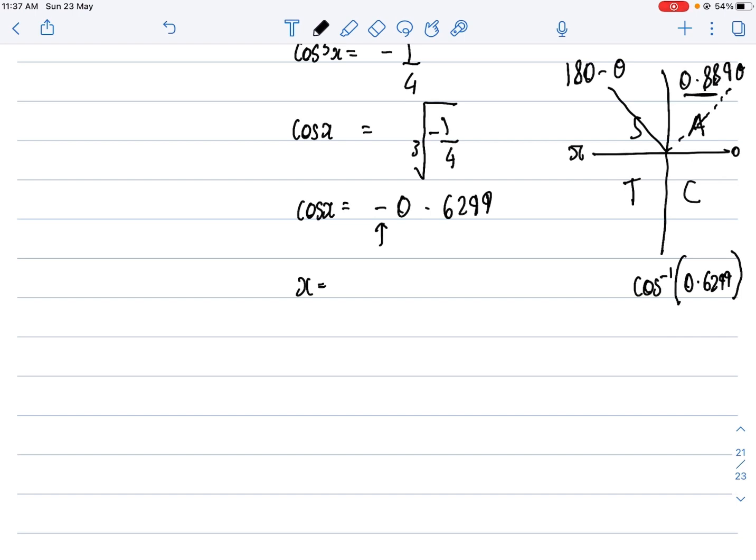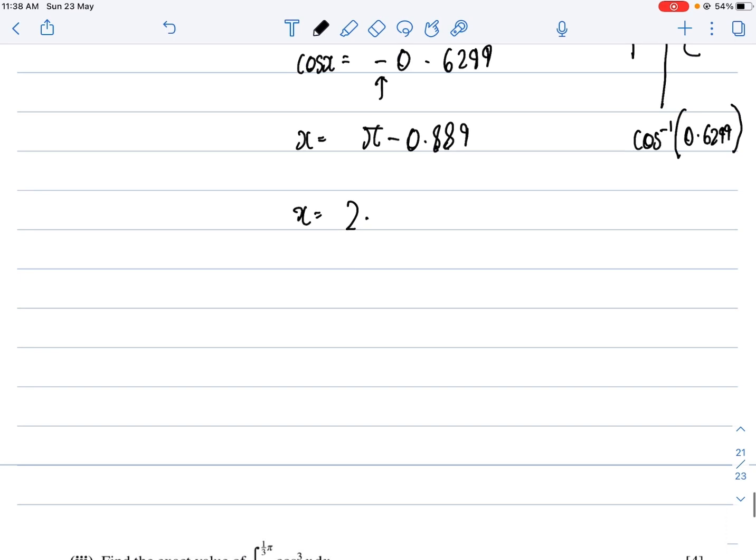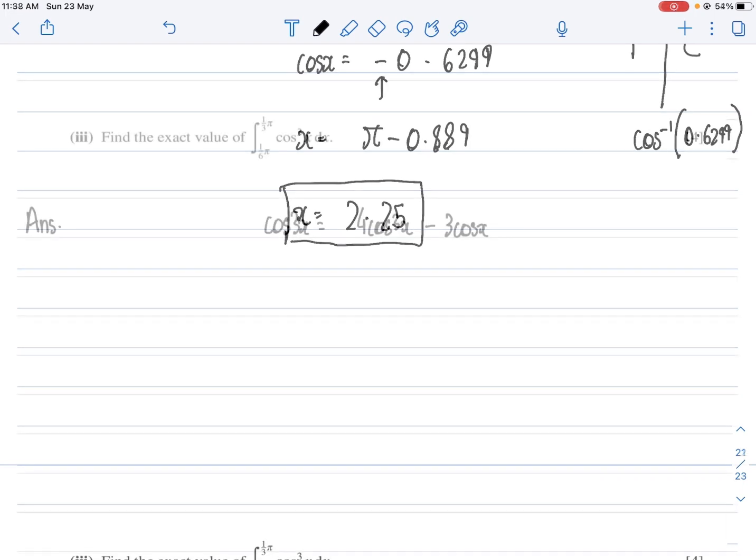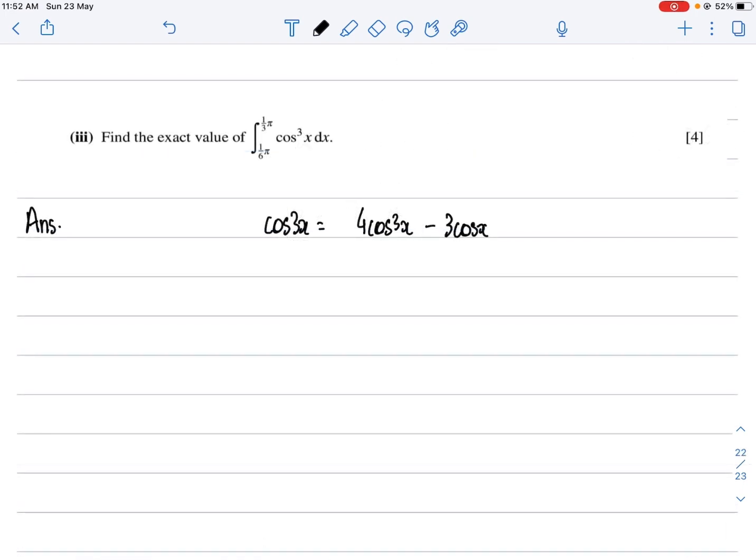But this is the answer in the first quadrant. So you do 180 minus, not 180, sorry, my bad. You do pi because this is in radians. So you do pi minus 0.889. When you do this on the calculator, you get your answer as 2.25, which is basically the final answer of the question.